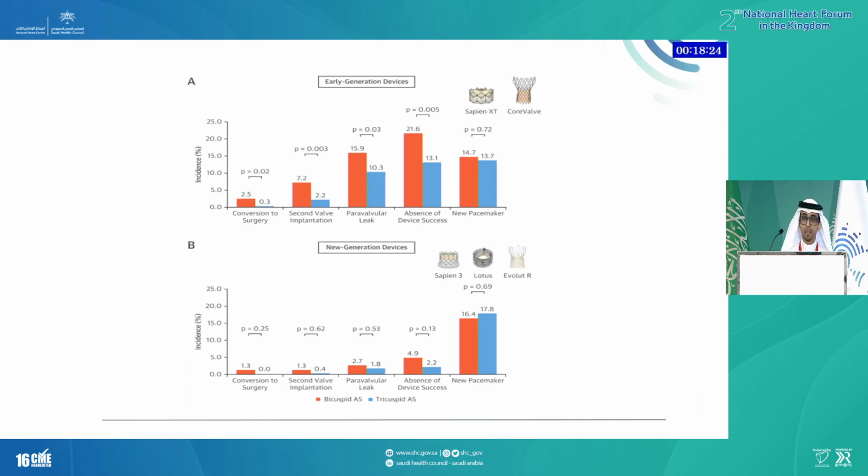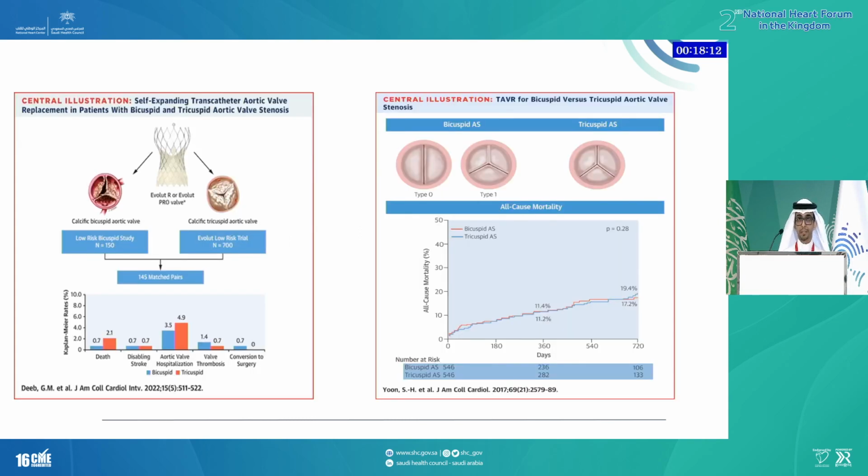But with the new generation devices, even the procedure outcome is the same for the bicuspid and tricuspid. Another study also looked at the procedure success and also the all-cause mortality and major stroke between the bicuspid and tricuspid, and there was no significant difference.